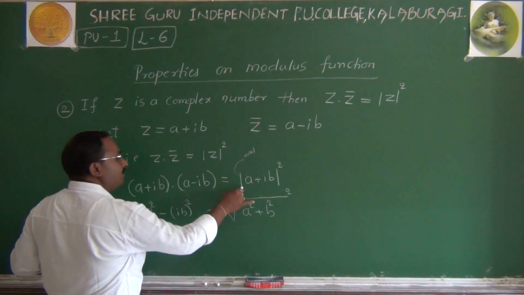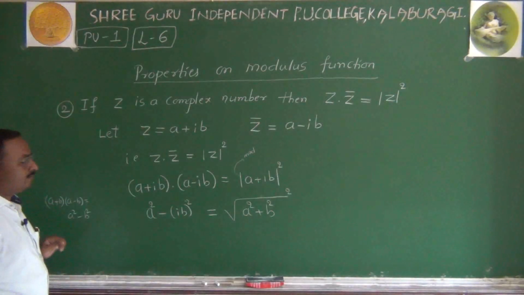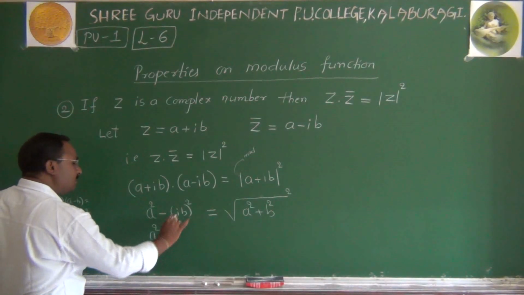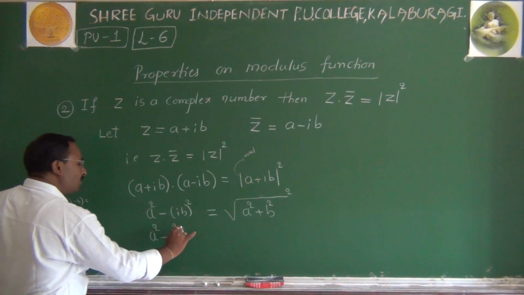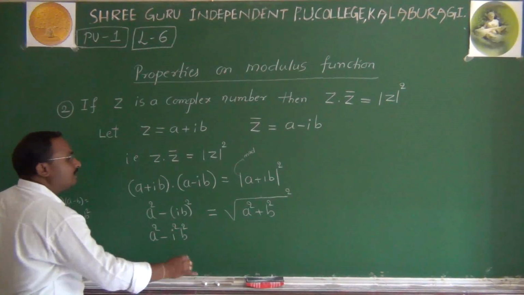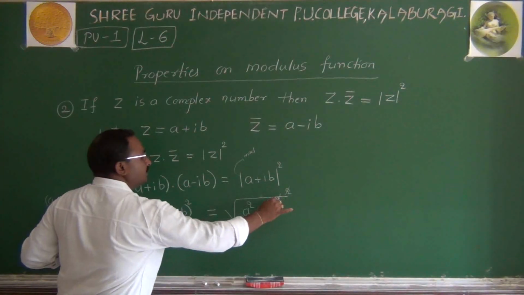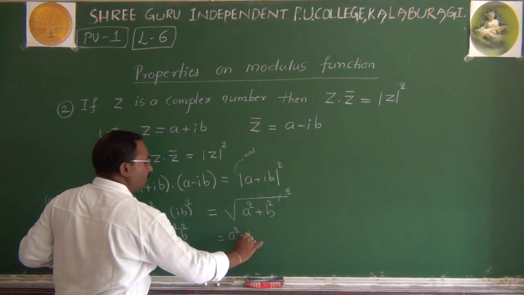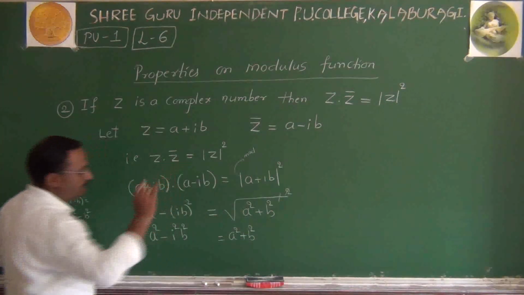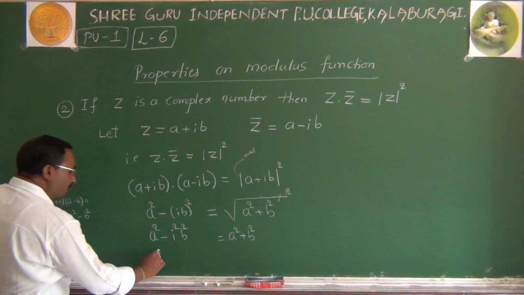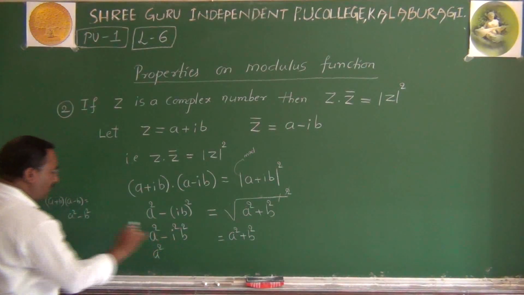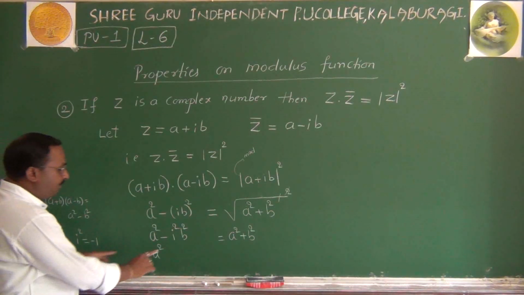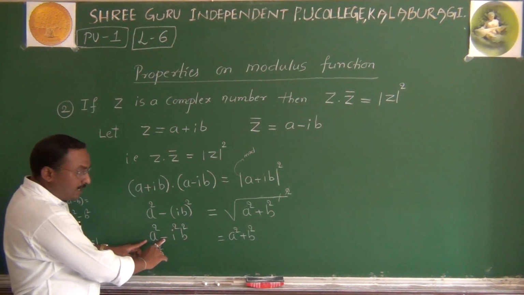Square and root cancel, giving A square plus B square. A square as it is, and i square is minus 1.